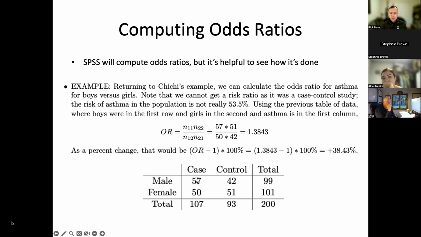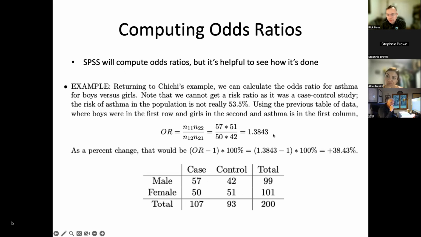Anyway, you simply multiply these two numbers on a diagonal together, and that represents the numerator, the odds of being an asthma case and being male. And then you do the same on the other diagonal. And so we get 1.3843.